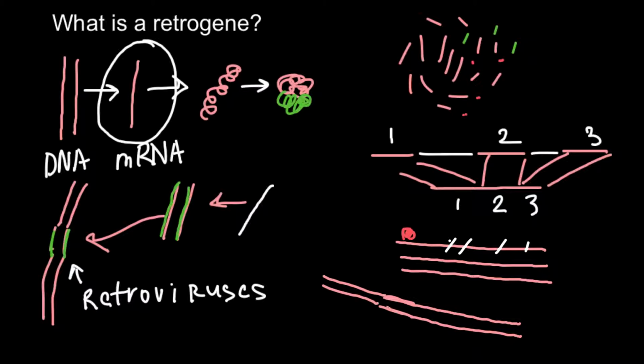I will use these lines to designate the new place of this gene. We can find such a gene in any place of the genome, on any chromosome. Now we call this a retrogene.